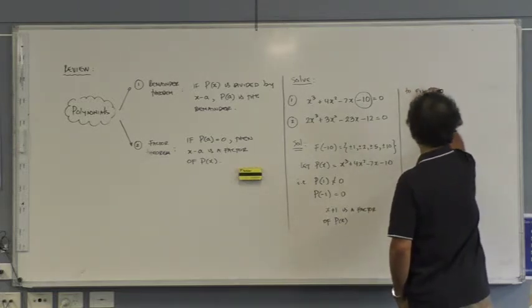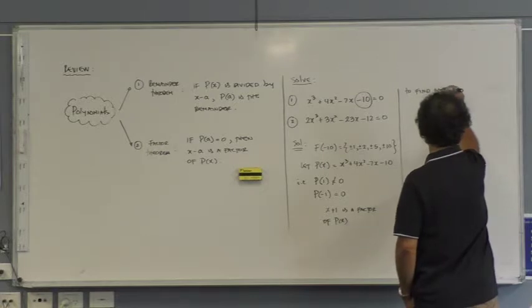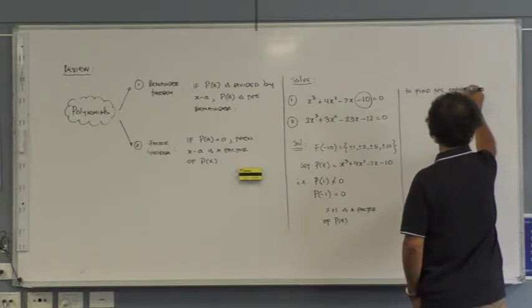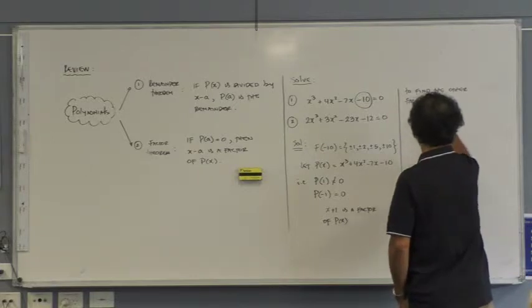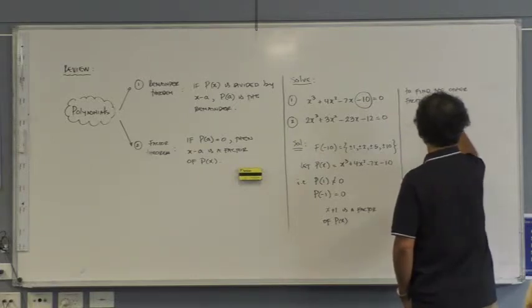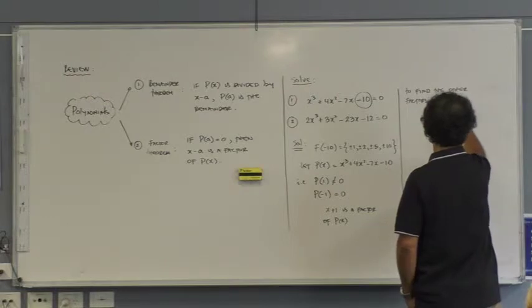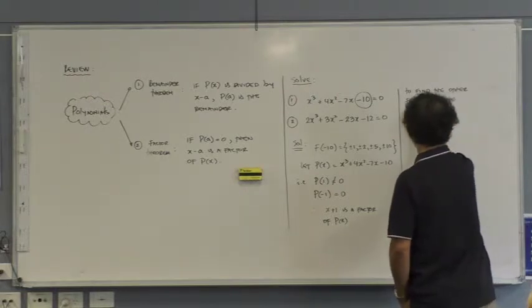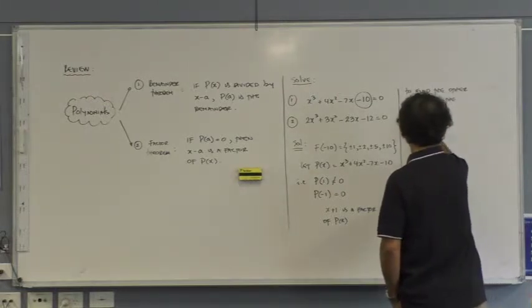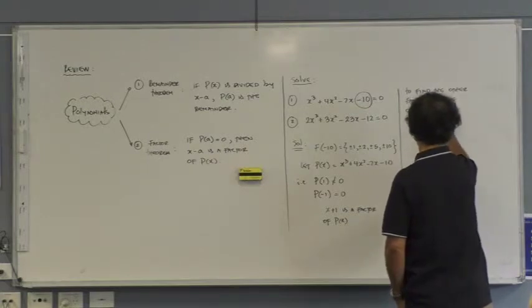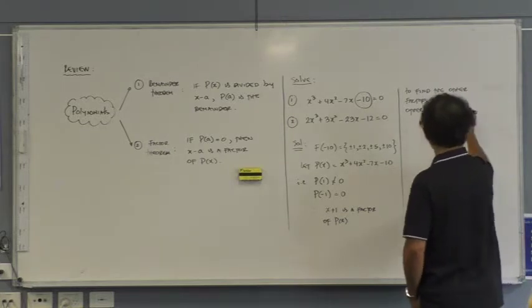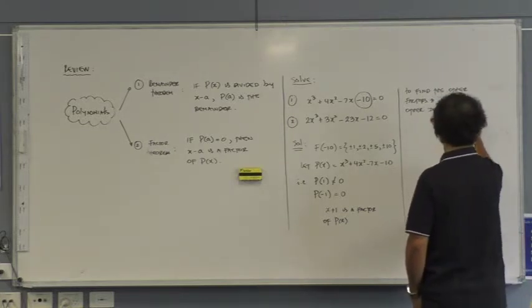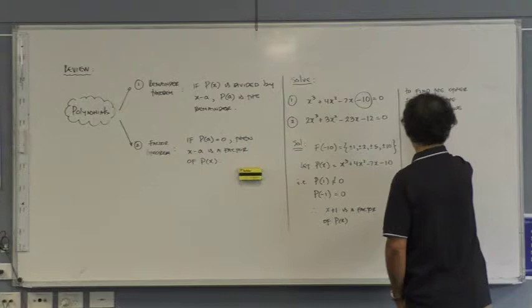To find the other factors, and therefore the other zeros or roots, we do long division.